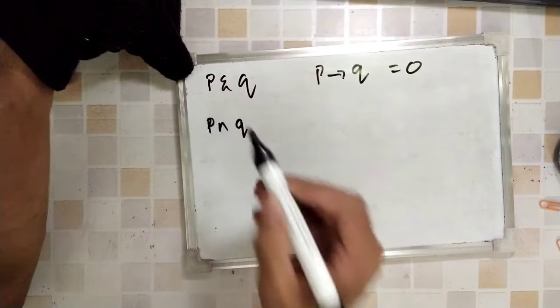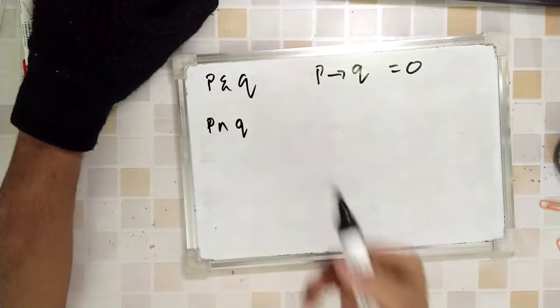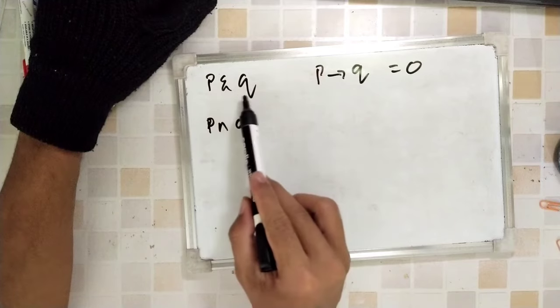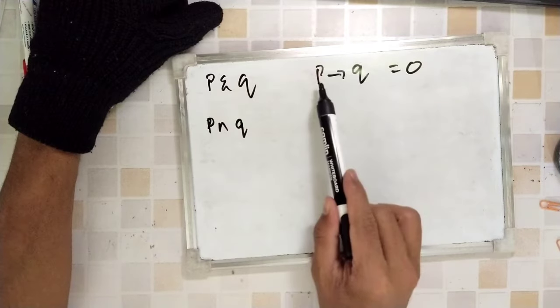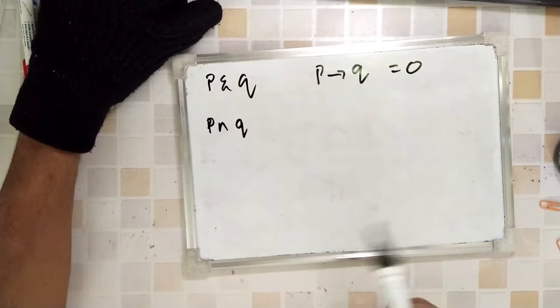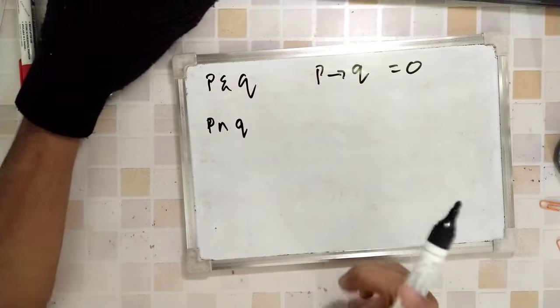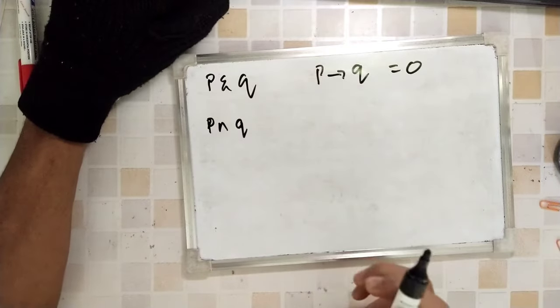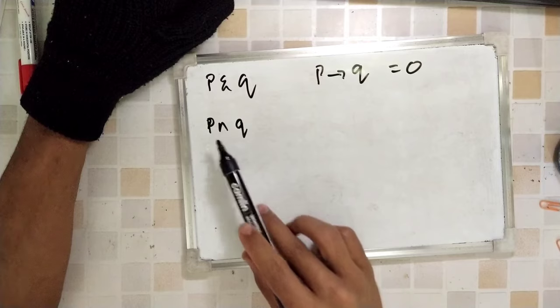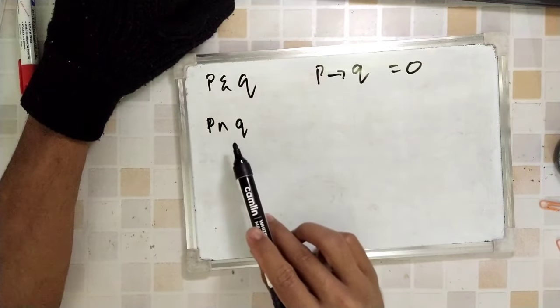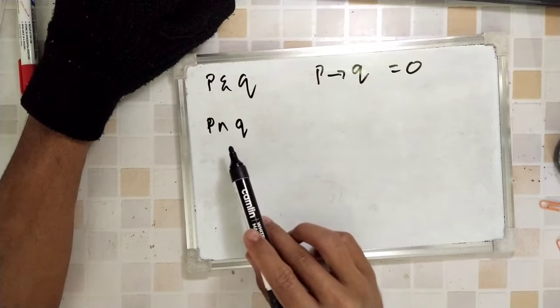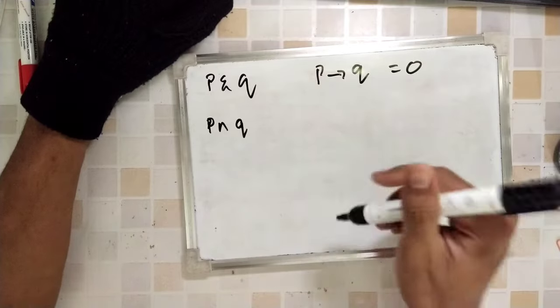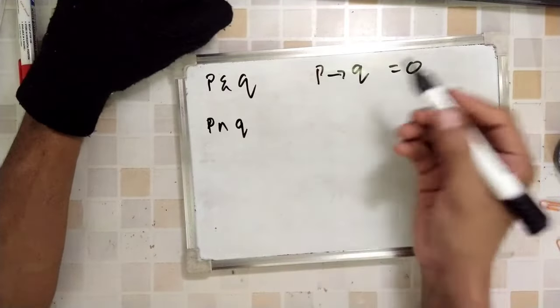So I have to find the truth values for P and Q. What they have given is P implies Q is 0. I should not make any table here, but I have to determine the truth value.